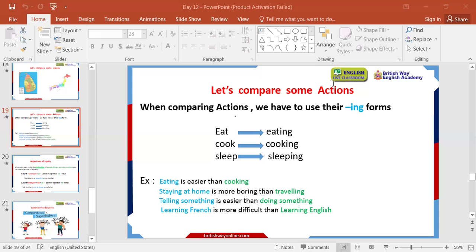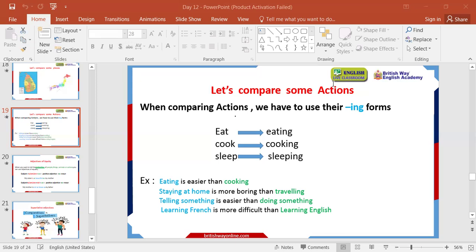Cleaning is less fun than watching TV. Learning is easier than teaching. Cooking is funnier than cleaning. You can't say more funnier. More and er both can't be used together, so you can use funnier there.